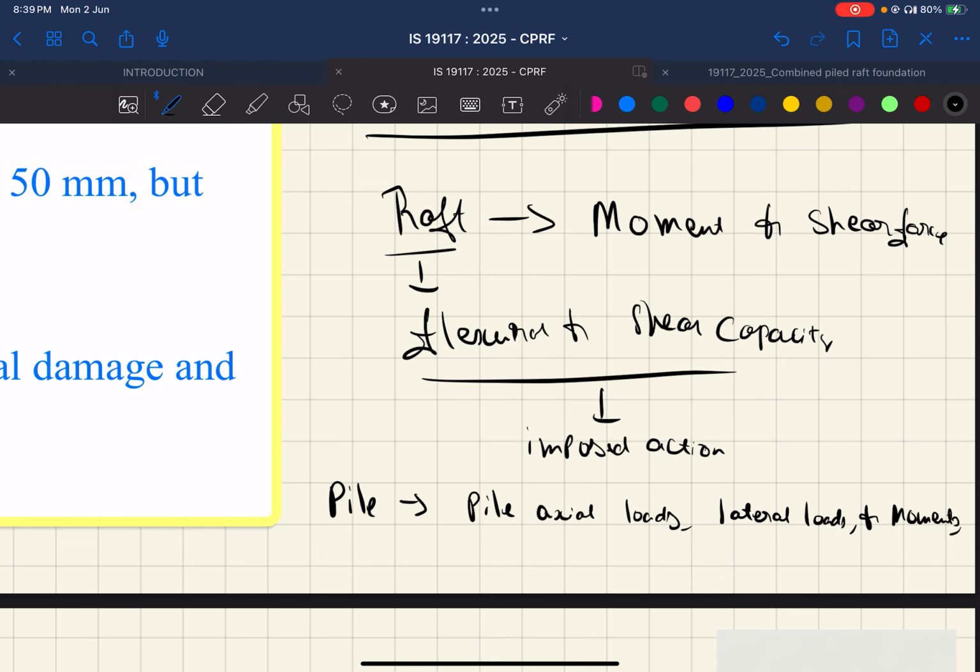This involves considering the pile group effects, soil pile interaction, and the transfer of loads between the raft and the piles. The interaction between the raft and piles should be carefully modeled to distribute the loads efficiently and maintain structural integrity.